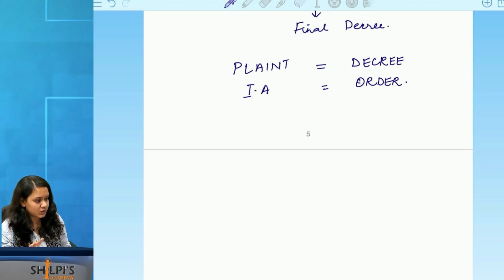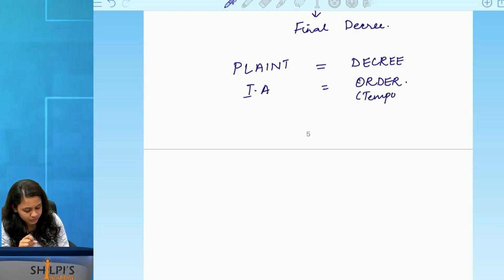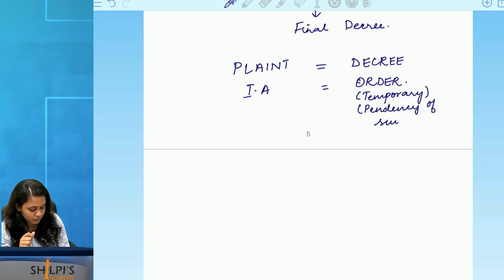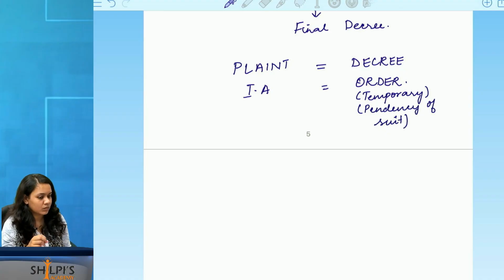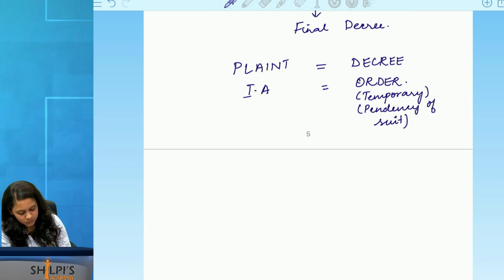There is no difference. They are the same. The only difference is an order is of a temporary nature, and it is given during the pendency of the suit. Whereas decree is of a final nature.